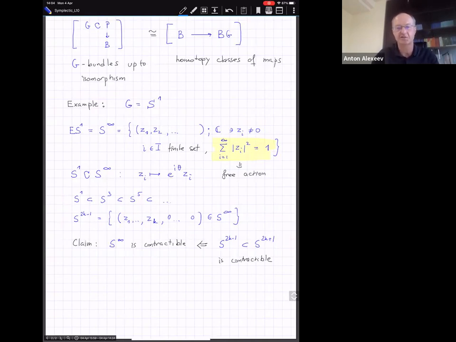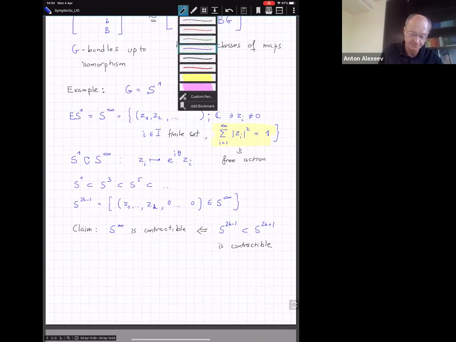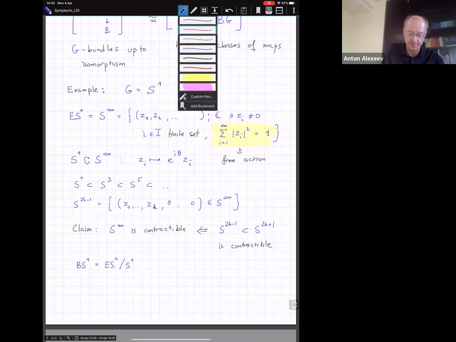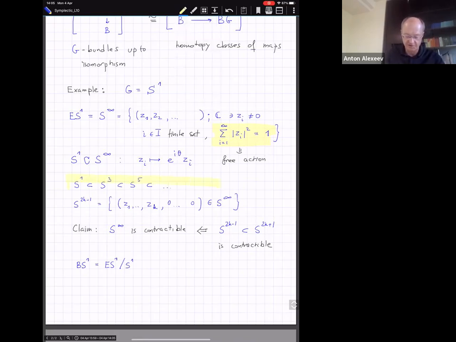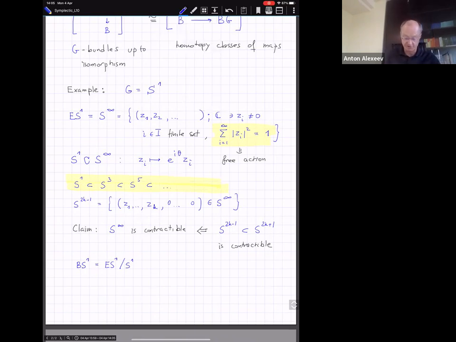Probably a professional topologist would be happy to work with it. It's not something that we want to work with in this course. But let me still continue a little bit along this more general line. Let's also look at BS1. BS1 in this model should be ES1 divided by S1. If we look at this sequence, every time we divide an odd dimensional sphere by the S1 action, we get a projective space.